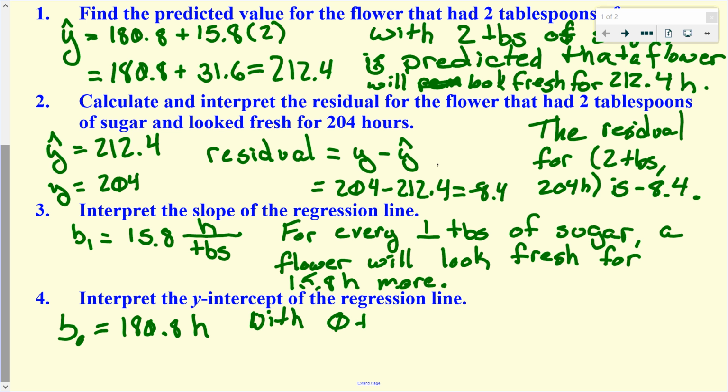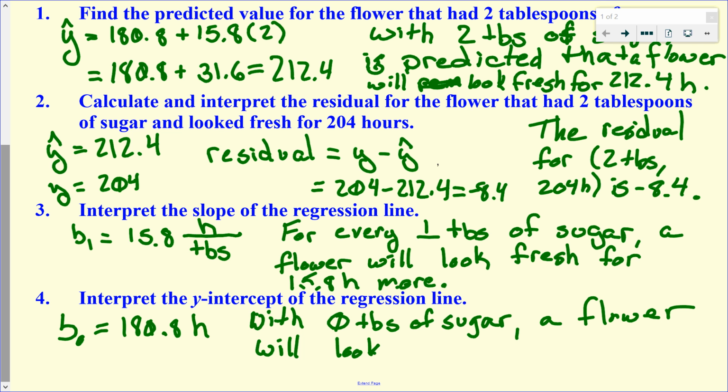So with 0 tablespoons of sugar, a flower will look fresh for 180.8 hours.